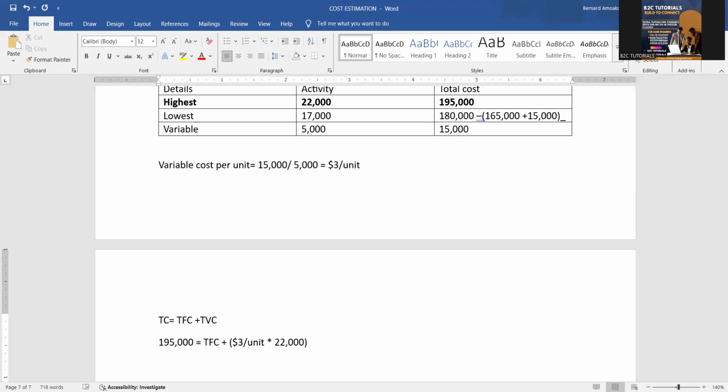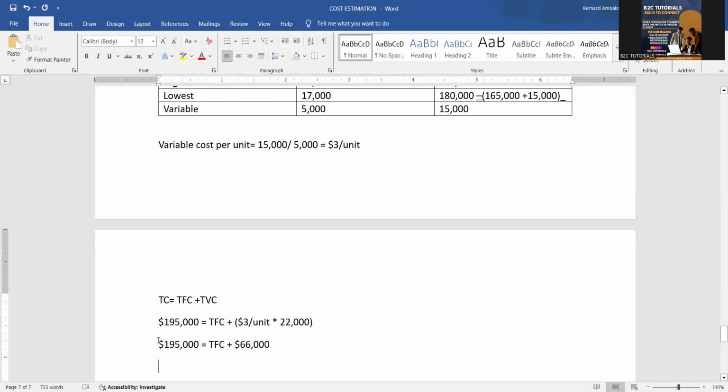So after determining it, you have your 195,000, which will be equal to the total fixed cost plus the variable cost. When I multiply this by this, I'm supposed to get 66,000. Don't forget the total cost is also measured in dollars, and this is also measured in dollars.